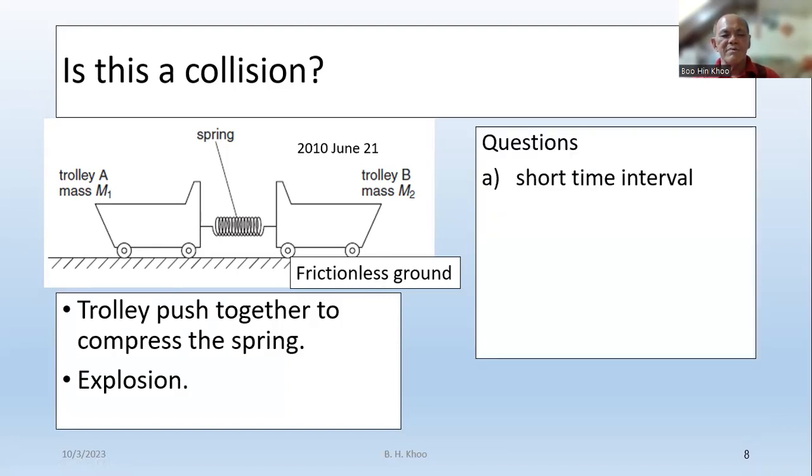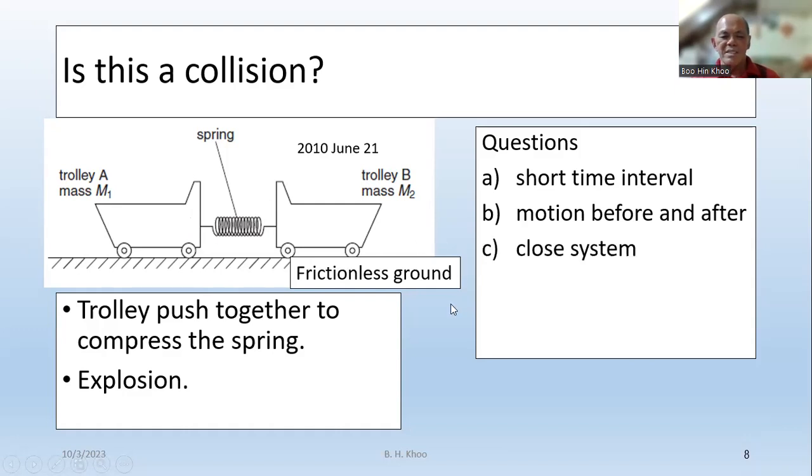Is it a short time interval? Compress the spring, short time interval, you let go. Motion before and after: initially, both of them are not moving, so initial momentum is zero. Final momentum: they are moving in opposite directions. It's a closed system if there's no frictional force. Yes, it's a collision.